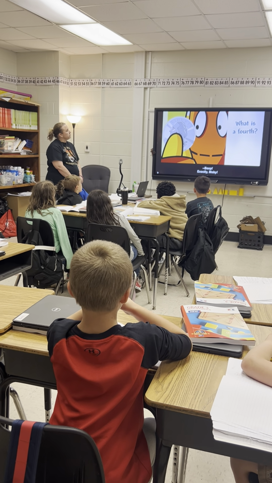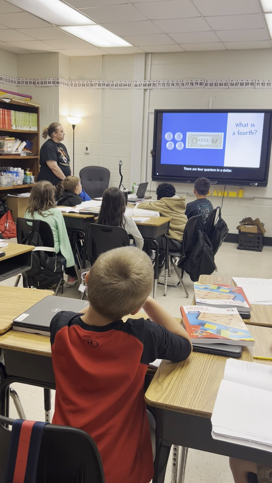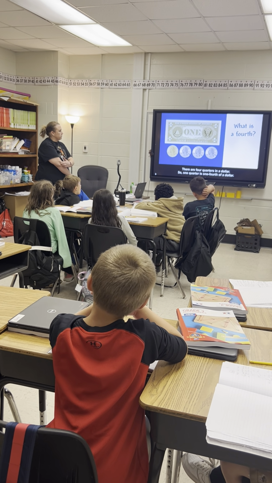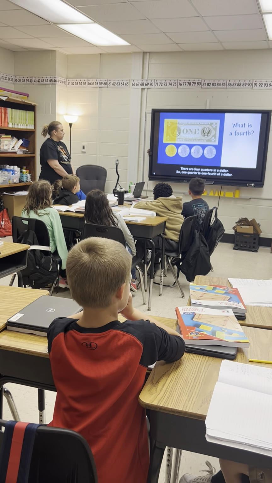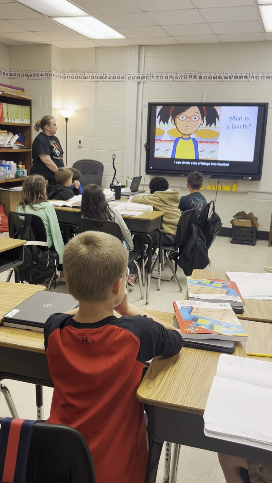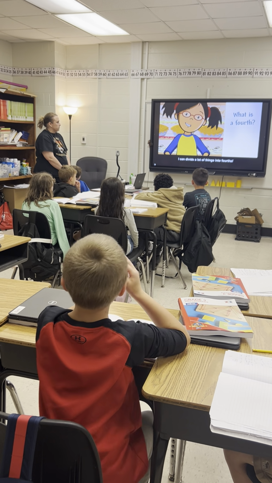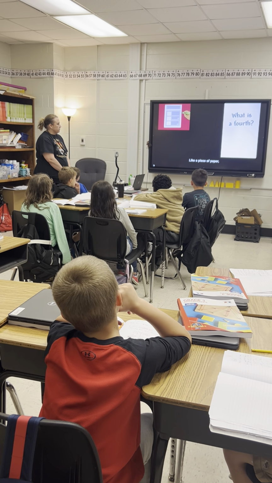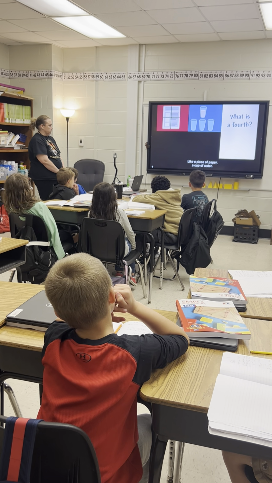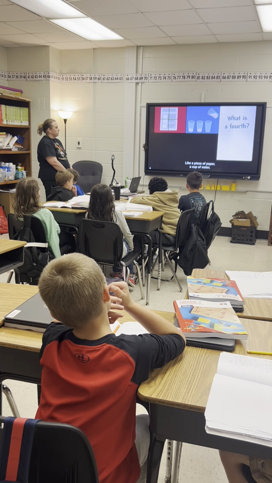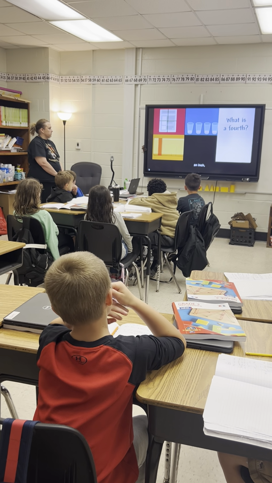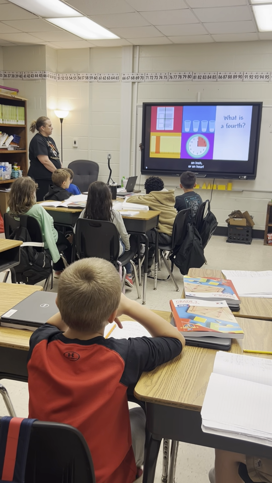Exactly, Moby. There are 4 quarters in a dollar. So 1/4 is 1/4 of a dollar. I can divide a lot of things into fourths. Like a piece of paper, a cup of water, an inch, or an hour.